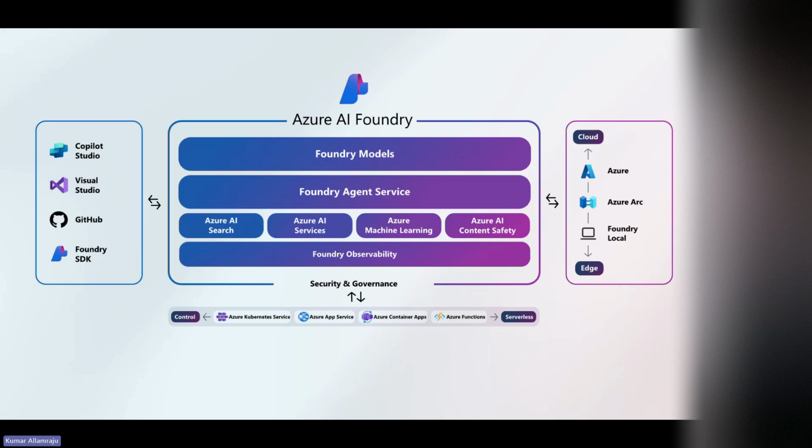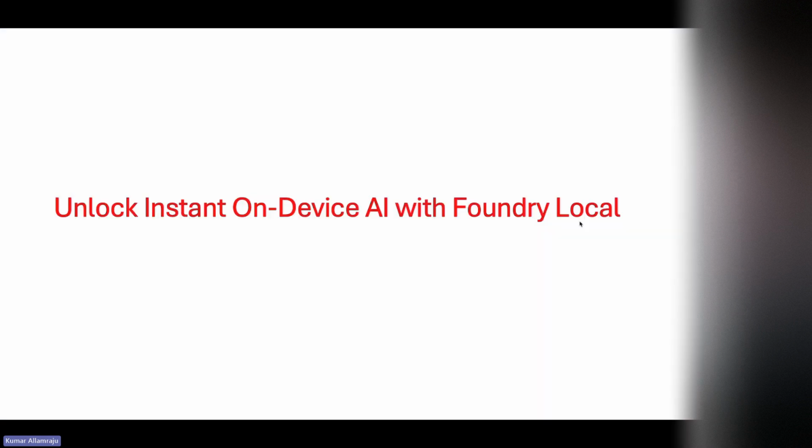And now we have recently introduced this Foundry Local, which I'll touch upon. And in the middle, what you see is all the features, which are fully baked with Azure's security, zero trust policies, governance and whatnot. So it's a single place for all your AI needs in Azure. Okay. So with that introduction, I'll move on to the next slide.